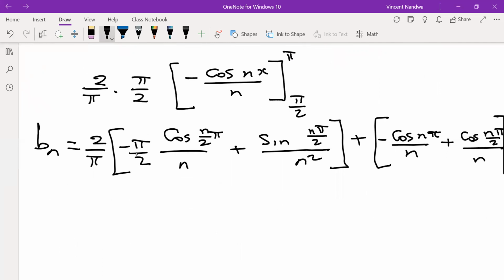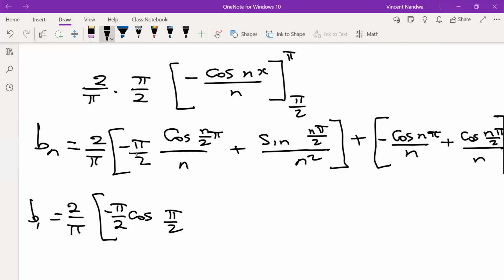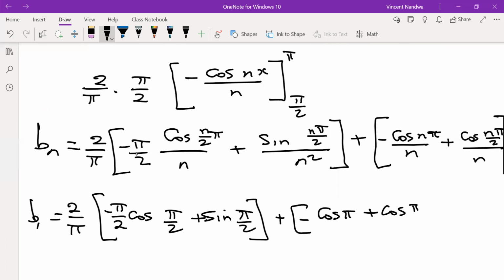From this we can find, say, B1. When n is 1, we get 2 over pi times minus pi over 2 times cosine of pi over 2 plus sine of pi over 2, and then plus minus cosine of pi plus cosine of pi over 2.